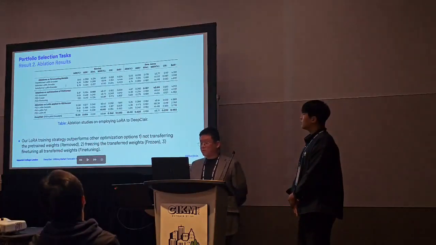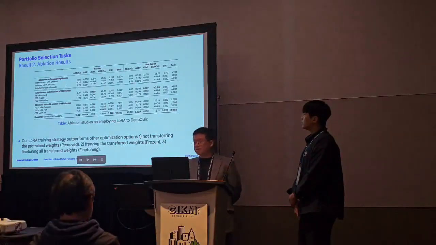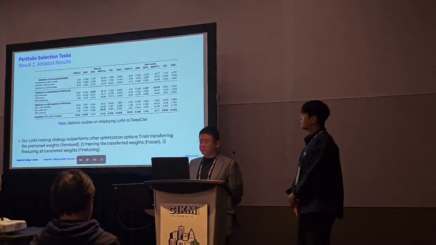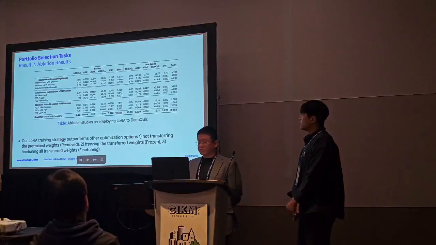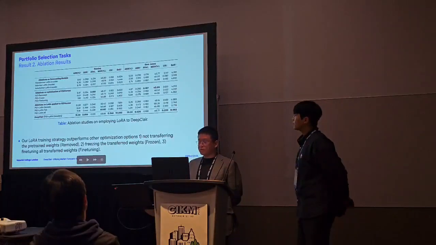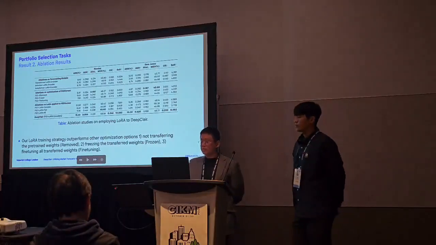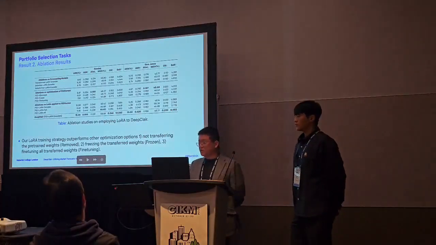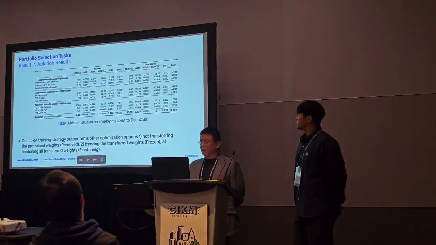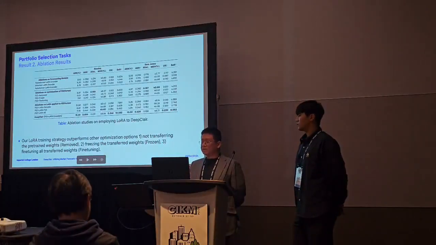And also, our LoRA training strategy outperforms other optimization options. The first one is not transferring the pre-trained weights, which is annotated as removed, and also freezing the transferred weights, annotated as frozen, which means this case doesn't train on task 2.